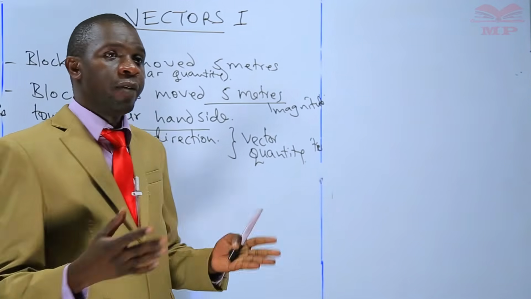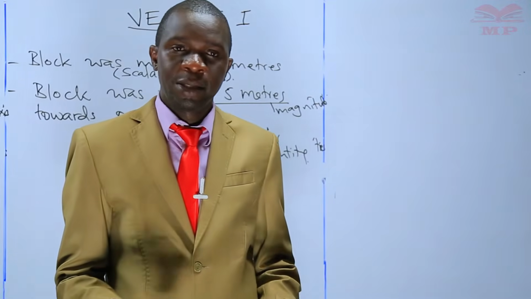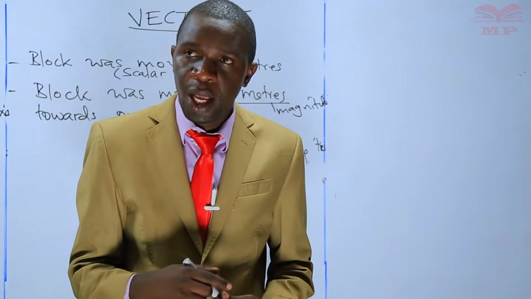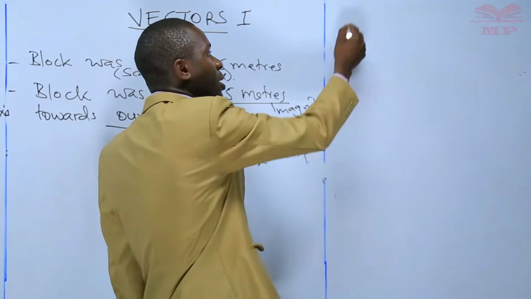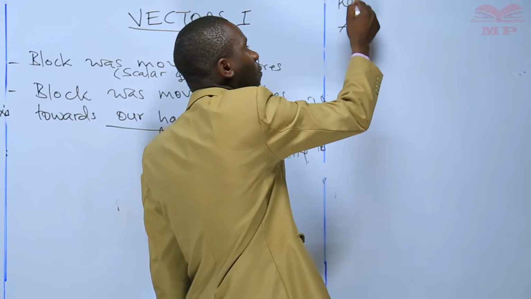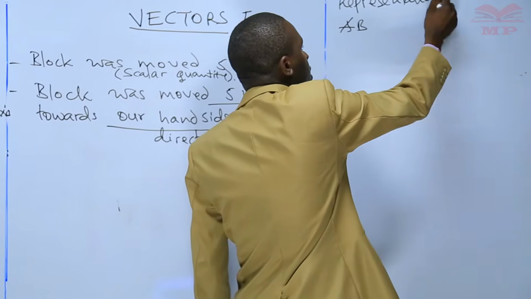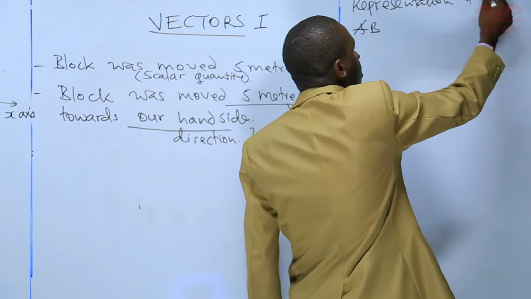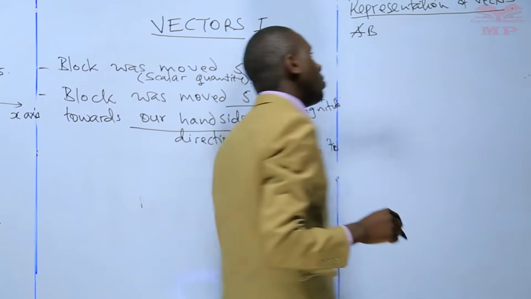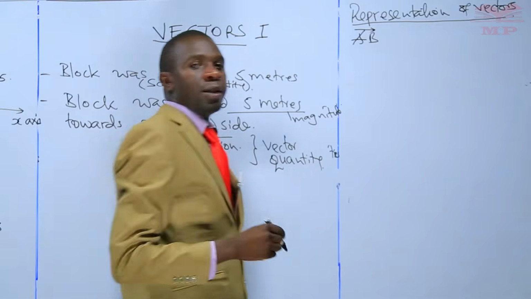When you want to present vectors, normally you'll use 2 capital letters, or you can use 1 small letter. Let me illustrate. So this is a representation of vectors. Let me write that like that. You can represent a vector, say vector AB, in that direction.